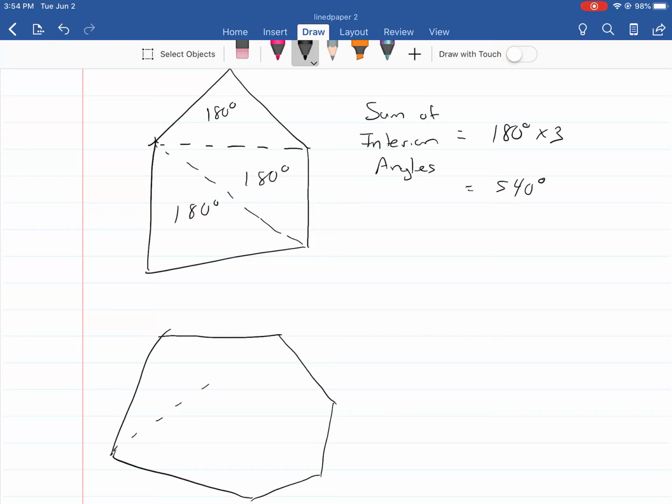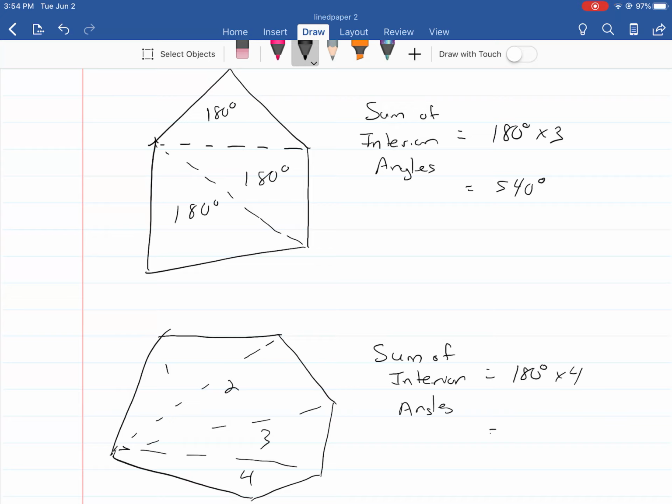And again, you have to divide from one vertex so you don't get extra angles. And so now there's 1, 2, 3, 4 triangles, and the sum of the interior angles is now 180 times 4, which is 720 degrees.